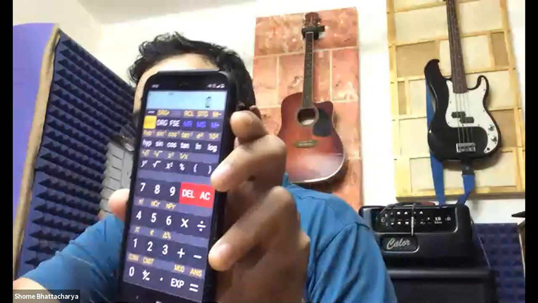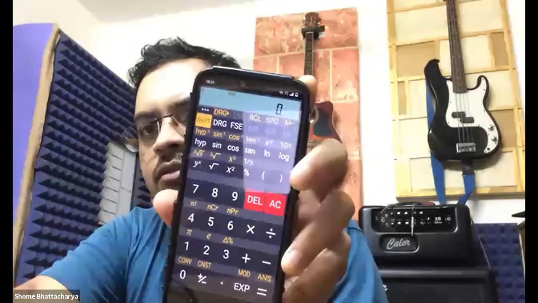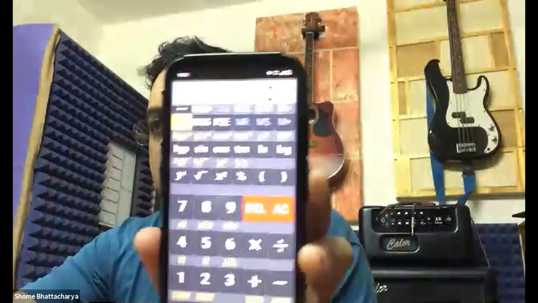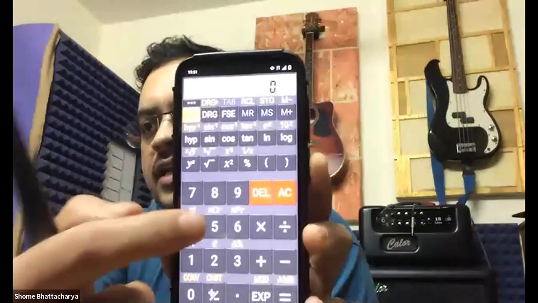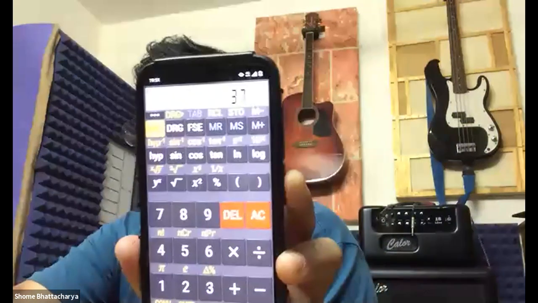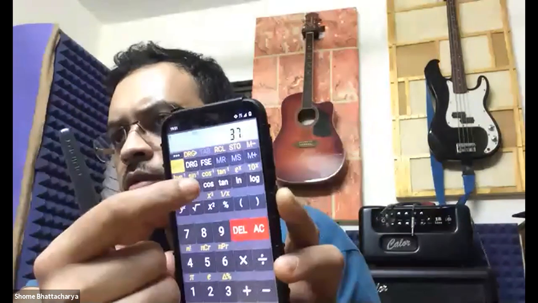Okay, so for example, I'll just show you, hopefully you can see, I'm using an Android app which is a real calculator or a scientific calculator. In this I'll show you why tan 37 is approximately 3 by 4. Just give me a second. So you can see the calculator, right? On this I will first type 37. Now I will do tangent of it. You can see that tan is this one here.